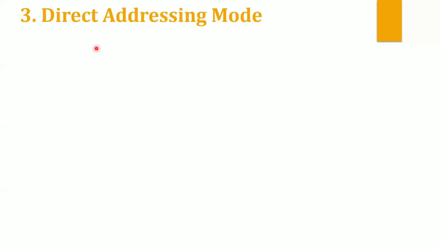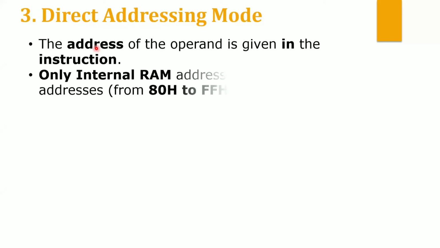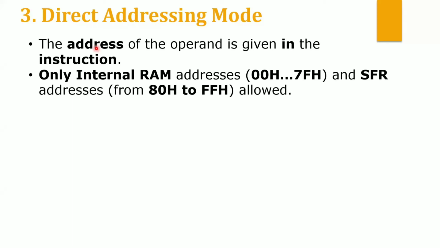What does the address contain? Data. That means we are indicating indirectly that the data is present at this address location, and I am giving the address in this instruction. That's why it is called direct addressing, right? And as I told you, in order to access internal RAM and special function registers, I am using this addressing mode, your direct addressing mode.